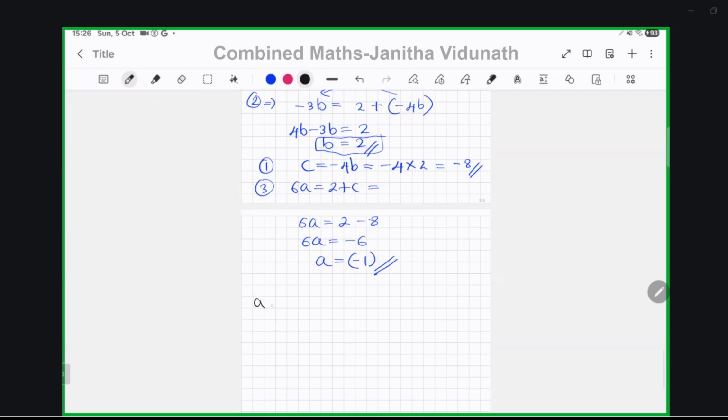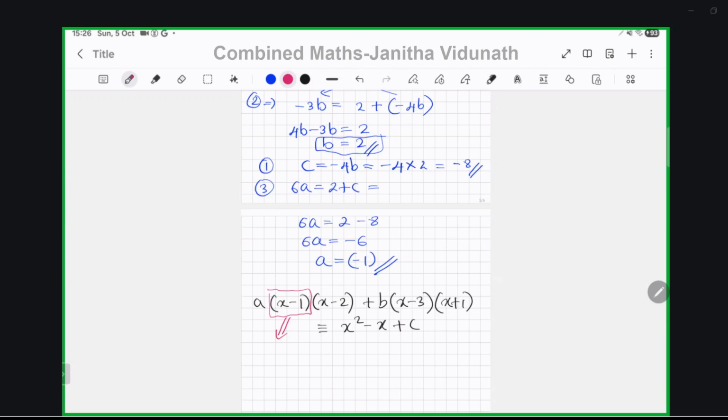Here, a times x minus 1, x minus 2 plus b times x minus 3, x plus 1 equal to x square minus x plus c. Then we need to find some smart values to get the answers easily. For that, we take each bracket and we can substitute values that make the entire value of the bracket 0.